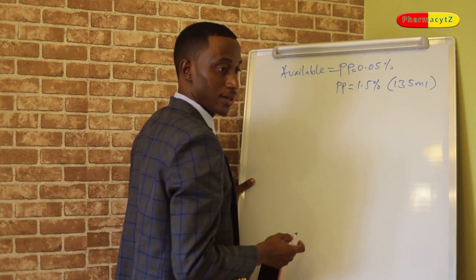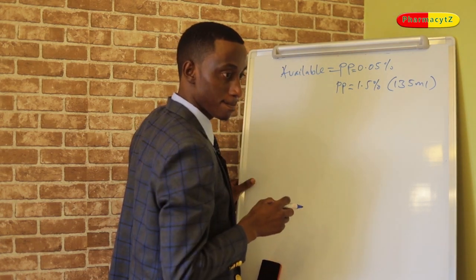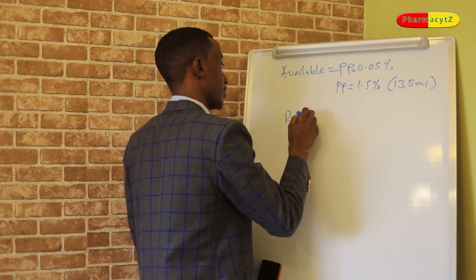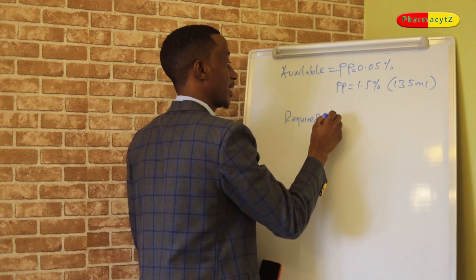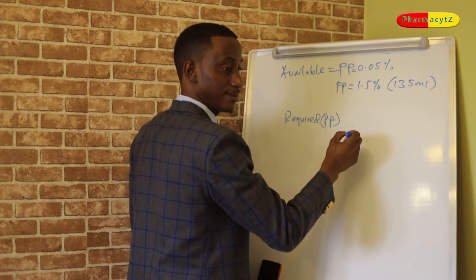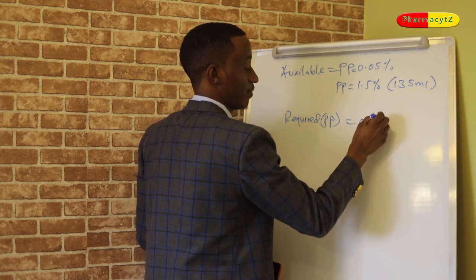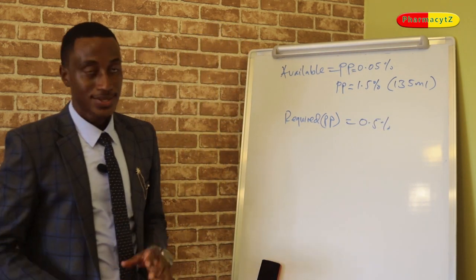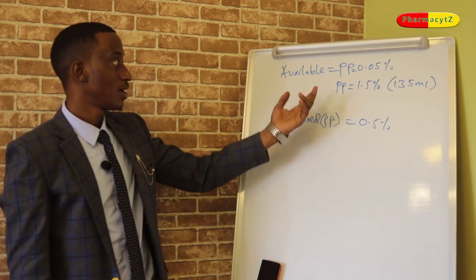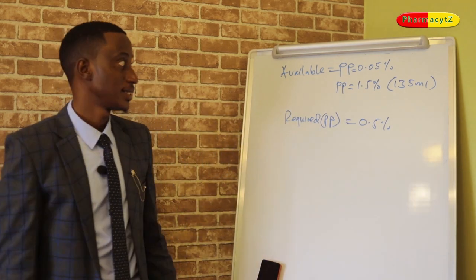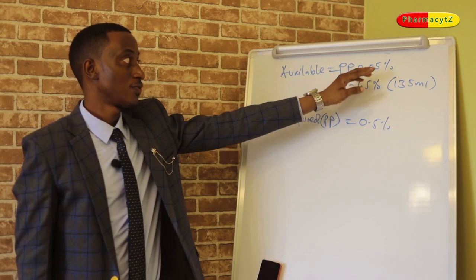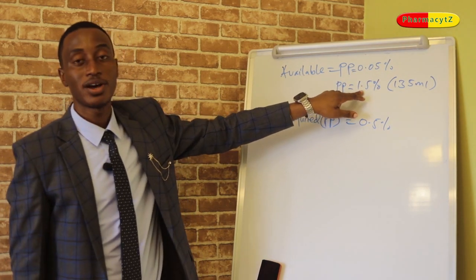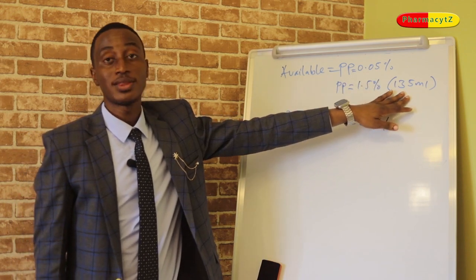Okay. Then the required potassium permanganate should contain 0.5%. Now this is simple to go about. In your lab, you have two kinds of potassium permanganate. You have potassium permanganate 0.05%, and then you have another potassium permanganate 1.5% with the quantity of 135 ml.